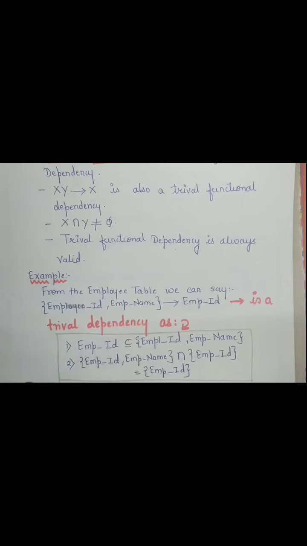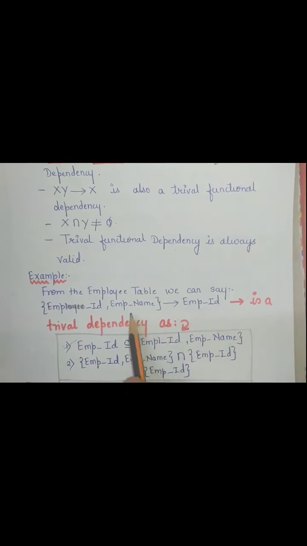How? Let's see here. Employee ID is a subset of employee ID and employee name. Obviously, we can see from this particular set that employee ID is a subset. That's why the first condition is satisfied over here. The second thing is, when we take the intersection of determinant and dependent, it is not empty.